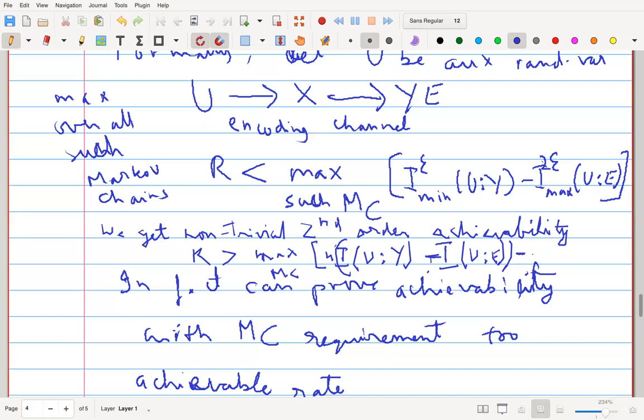Then there will be a square root n term, with the information variance from U to Y minus the information variance from U to E, plus lower order terms, something like order log n.